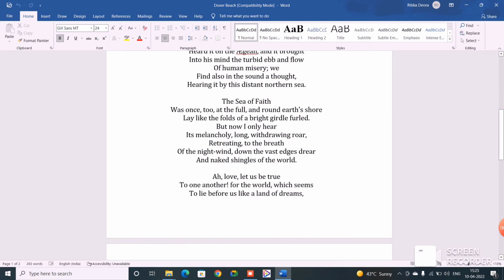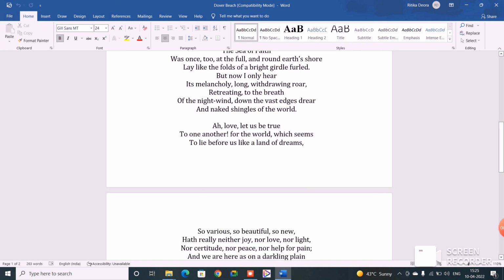And in the third paragraph, the poet compares sea waves with faith. He uses the imagery of the sea in order to highlight the loss of religious faith and the terrible impact that this loss has created, because it has made the once beautiful looking earth look ugly, and it has exposed the hideous reality of the modern world.